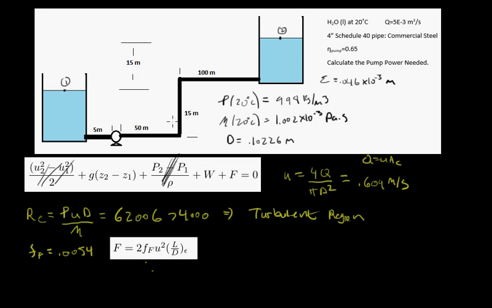And then we're also going to have the total length of pipe, 5 plus 50 plus 15 plus 100, which is 170 meters. So what I like to do is just calculate the total effective length. My L effective is equal to 170 meters plus the diameter, which is 0.10226 meters, multiplied by the quantity. And then I'm going to look up these L over D effective values.